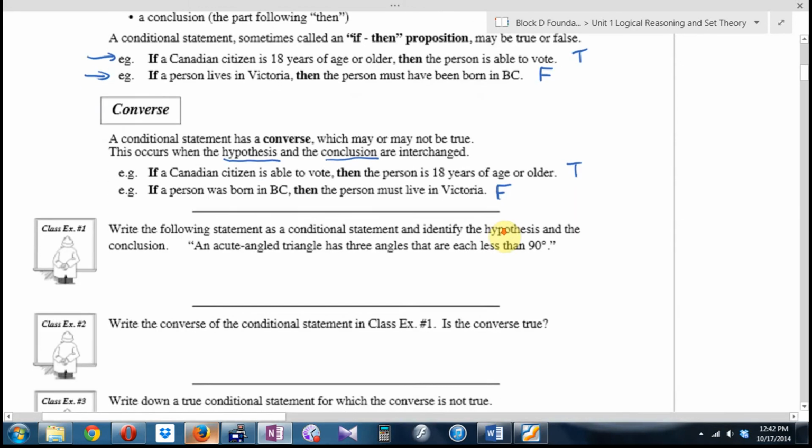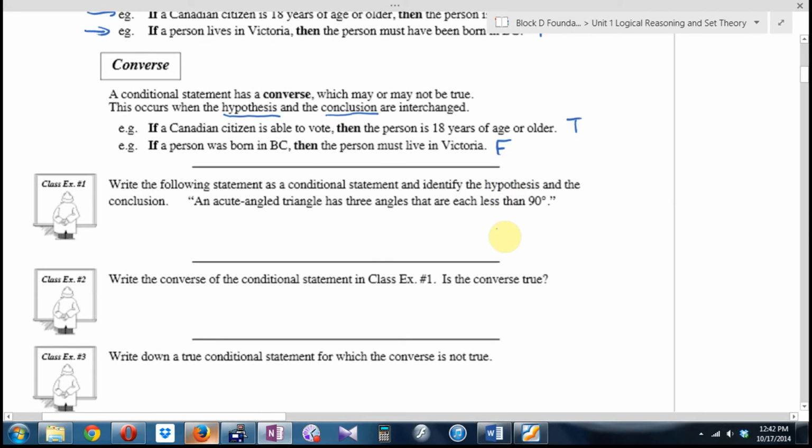Write the following statement as a conditional statement, and then we'll identify the hypothesis and the conclusion. Here is the statement. An acute angled triangle has 3 angles that are each less than 90. Here is the conditional statement.